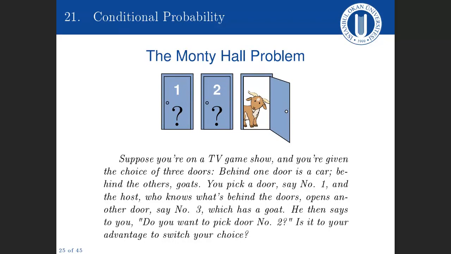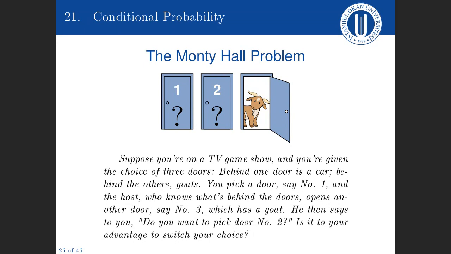Let's say you choose number 1, and the host of this TV game show, who knows what's behind each door, opens another door. Let's suppose he opens door number 3, and he shows you that door number 3 has a goat behind it. And then he says to you, instead of door number 1, do you want to pick door number 2?